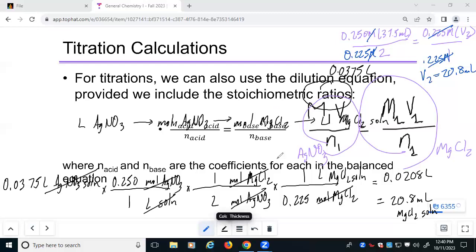The only thing that I'm missing is the balanced chemical equation, the stoichiometry part of it. So if I have that, I'm set. I can use the titration equation for any situation that goes from solution to solution.